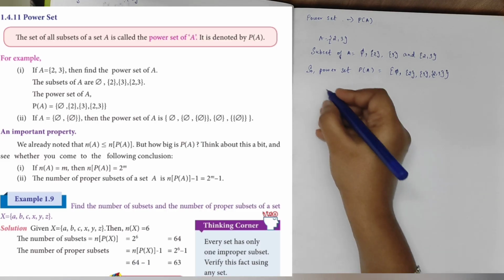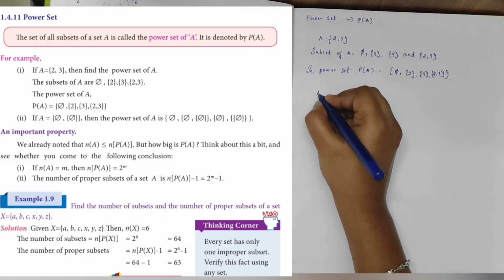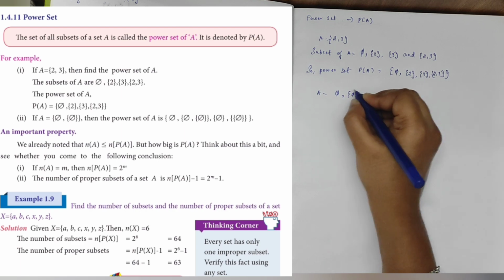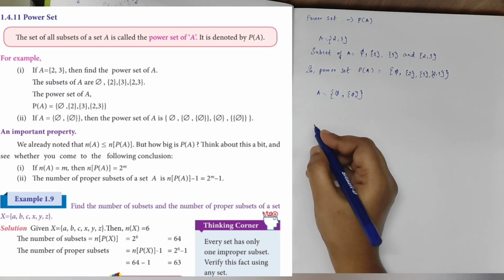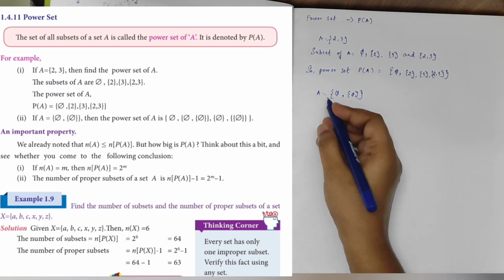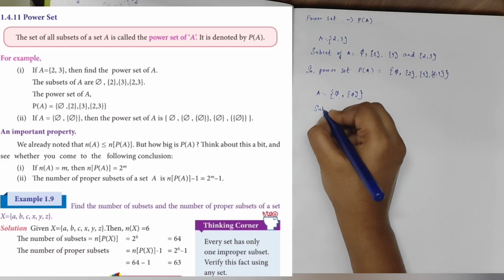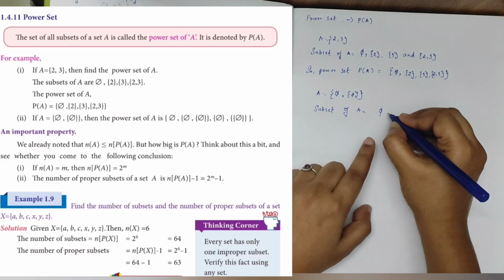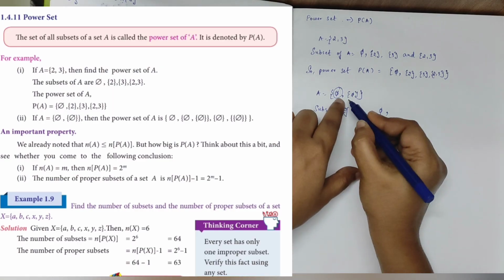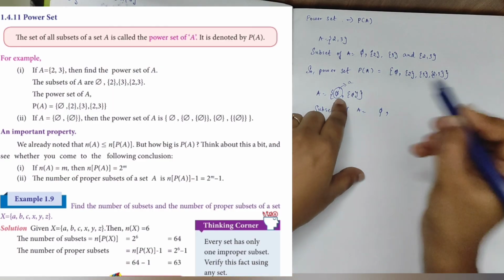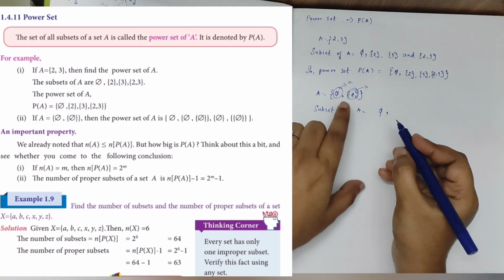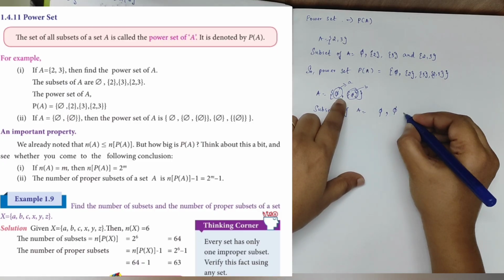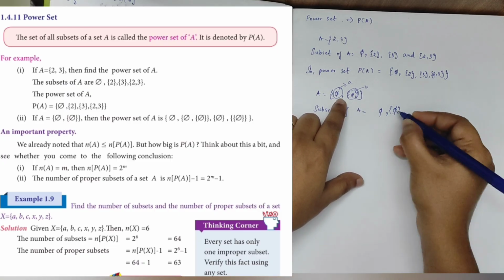Understood? I'll give you one more example. If A is equal to the null set, and in the set we have the null set, we have to find the power set of A. Let's find the subsets of A. First we write the null set, then we take this set, which we will write as A, and the other element we will write as B. First take the first element, then write it inside the curly bracket.